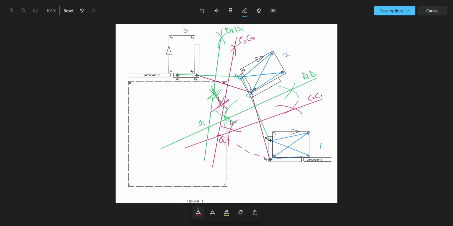We got O4 by bisecting the C lines, so we are going to join everything from the O4 to the C. So I've joined from O4 to C1, and I'll join from C2 to O4. And I also join from C3 to O4.